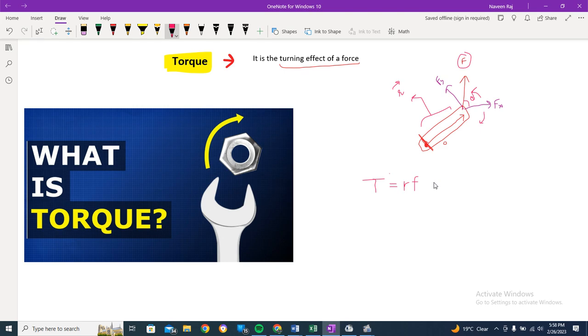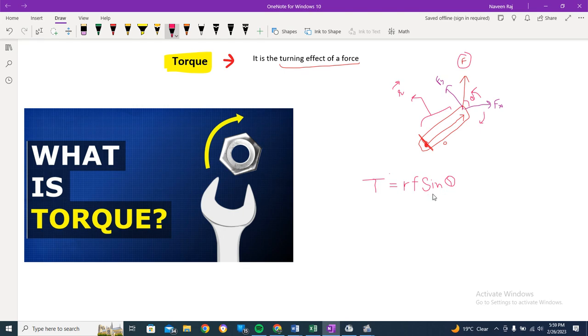The force is acting along the x direction, so we write sine theta: r F sine theta, because the resultant force vector is along the x-axis. So T is equal to r F sine theta.